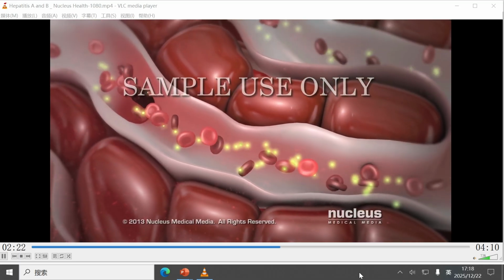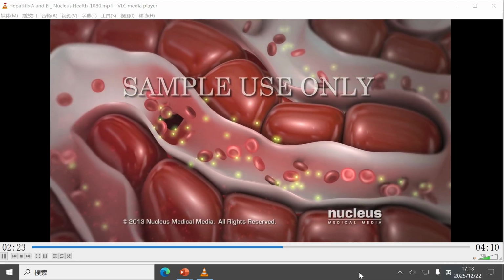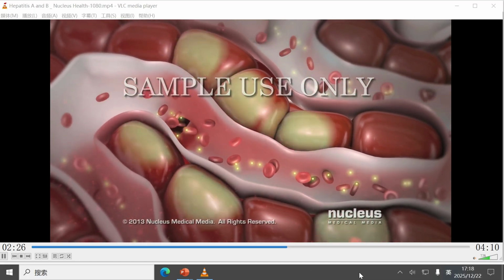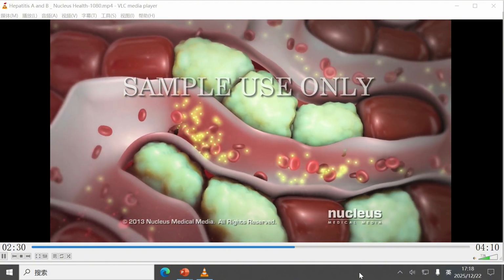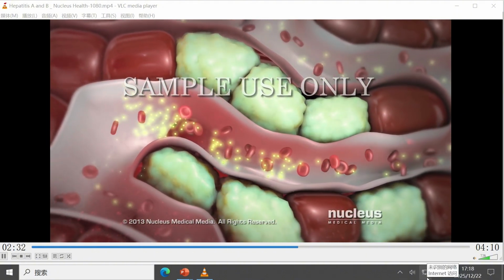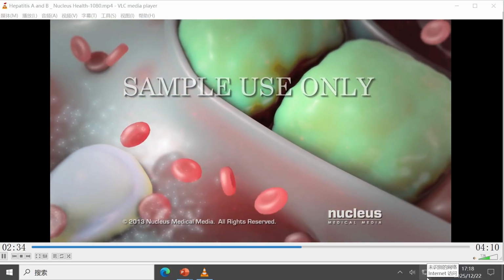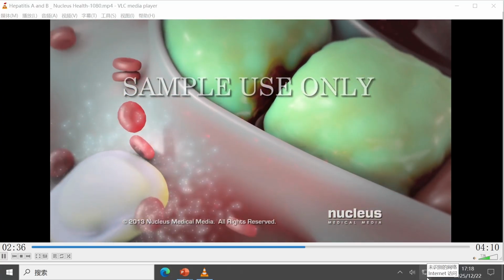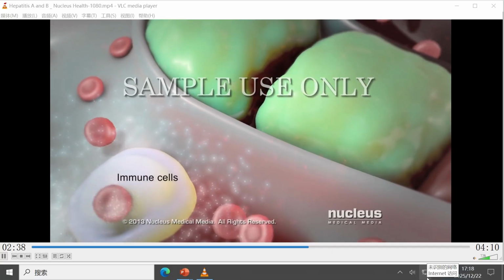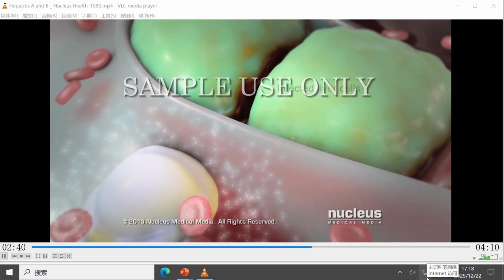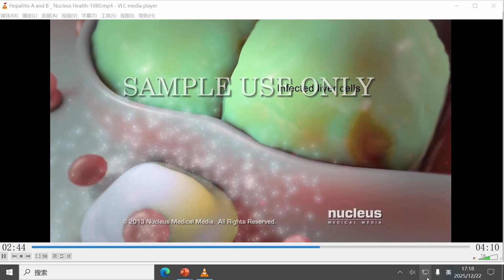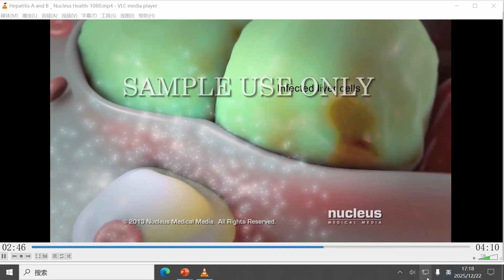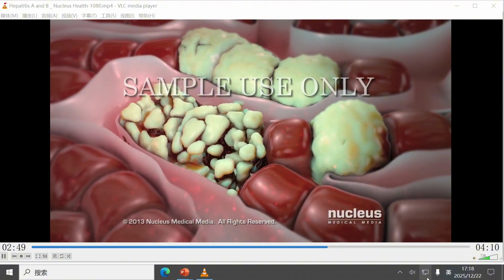When either the hepatitis A or B virus enters your liver, it invades your liver cells and makes copies of itself. In response, your body sends immune cells to attack both the virus and liver cells infected with the virus. As a result, these liver cells become inflamed and then die.